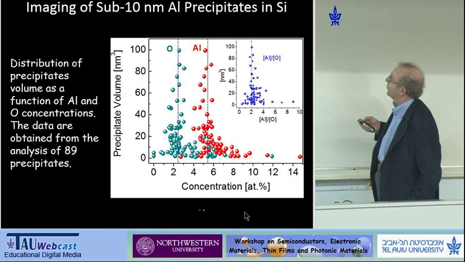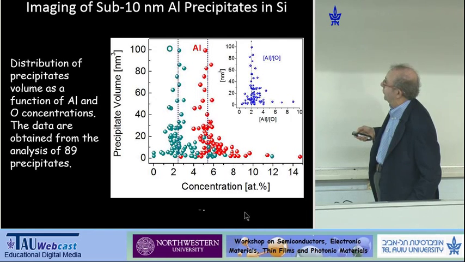It's for 89 precipitates, and you see there were some precipitates as big as almost 100 cubic nanometers, and this line over here corresponds to a mean concentration of about 2.2, and for the aluminum it corresponds to a mean concentration of about 5.3.